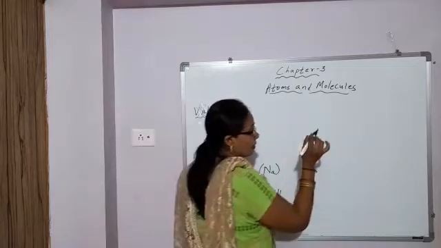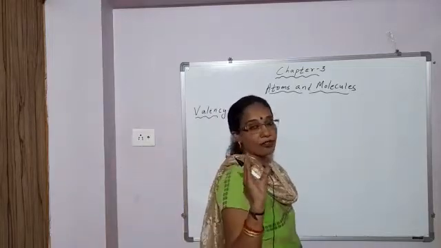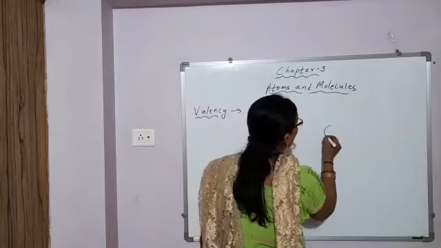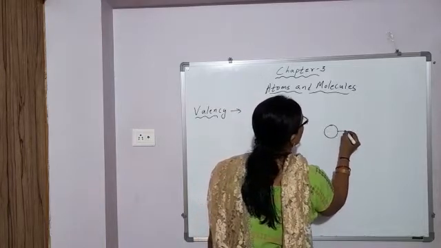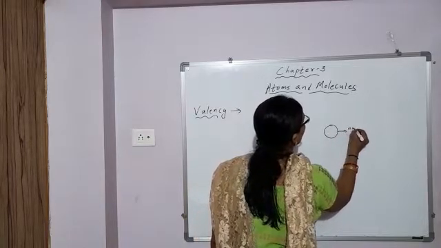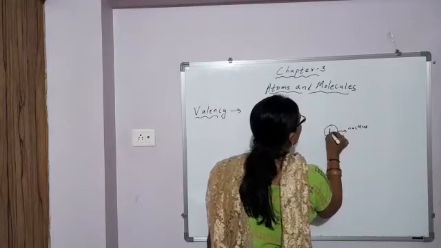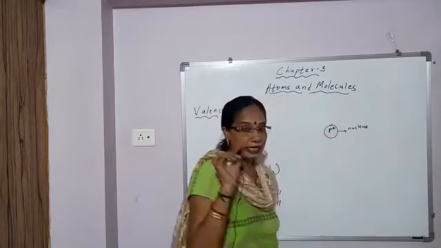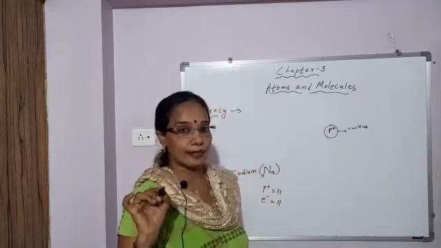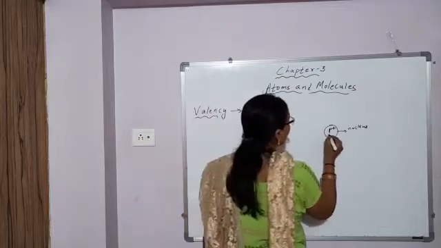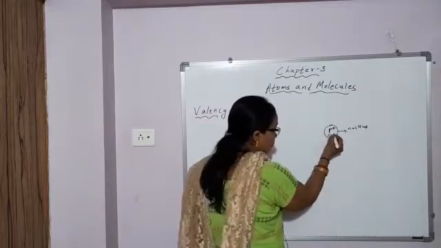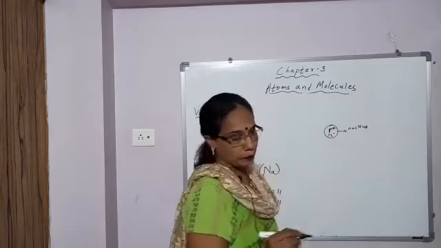Like students, if you see the structure of an atom, in the center what is present? Nucleus. Inside the nucleus, positively charged proton is there and neutron which is neutral, no charge.